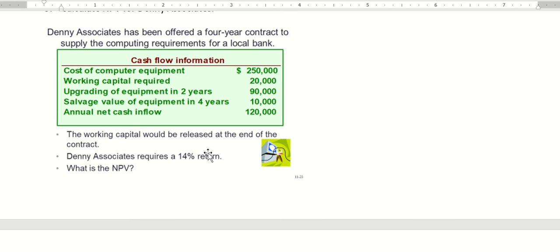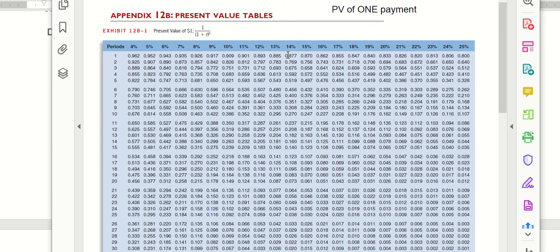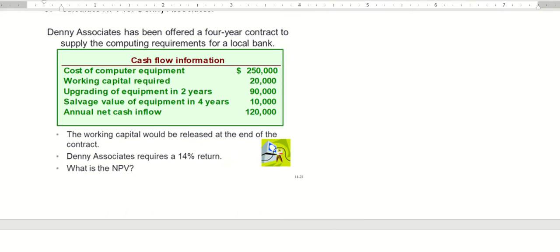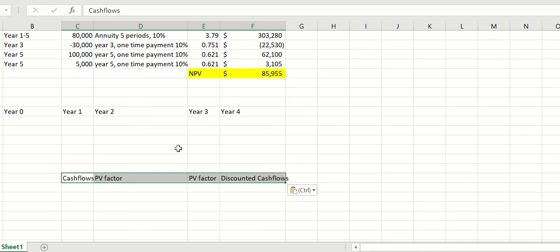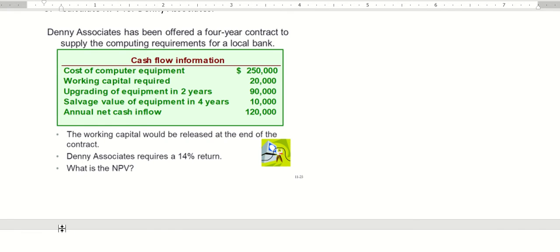It requires a 14% return, so you'll assume that's your discount rate or your PV rate. When we look on the table, we're going to be using 14%. Let's set up the problem in Excel. So 4 years. The cost of $250,000 would be an outflow in year 0.